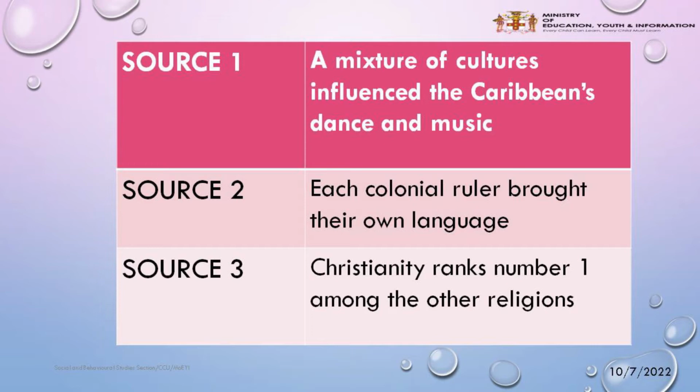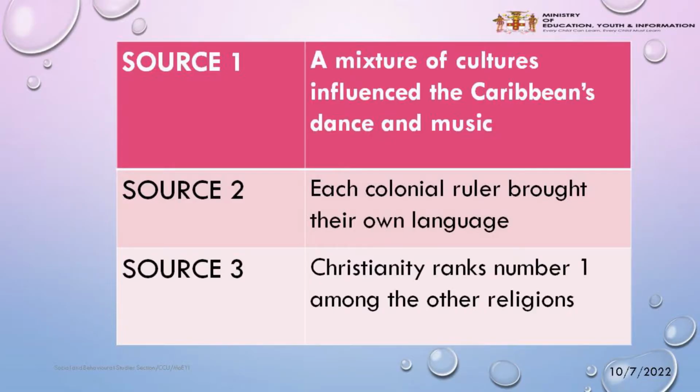Each colonial country brought their own official language, and so over time, each country that was colonized had the language of their colonial rulers as the official language. And from source 3, what would be the main point for you? You could write that Christianity ranks the highest among the other religions in the Caribbean.